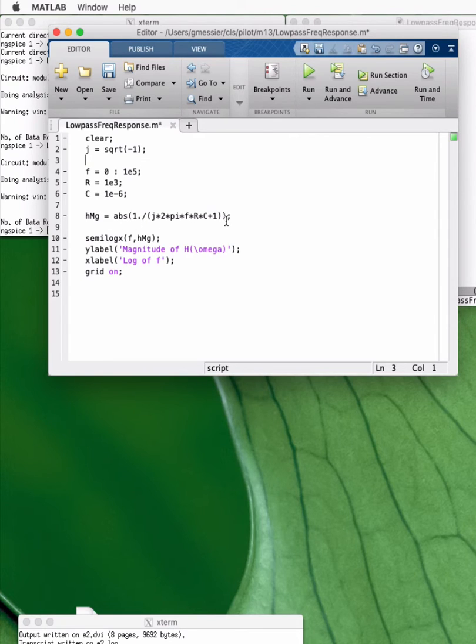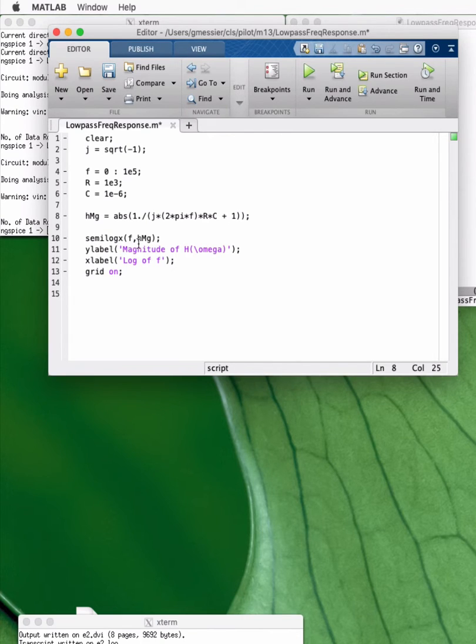And then what I'm doing here is just calculating the magnitude of the equation for the frequency response. And so we've got j times, I'll just surround this with a bracket, 2 pi f, which is of course equal to omega, times R times C, plus 1.